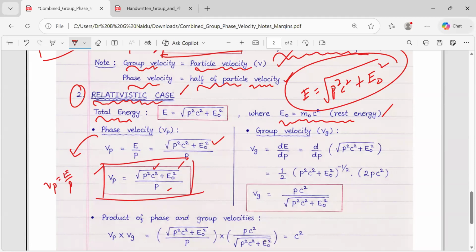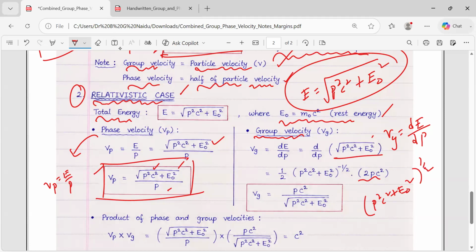Now we can calculate the group velocity. We know the group velocity Vg equals dE by dp. The total energy of a relativistic particle is the square root of p square c square plus E naught square. Now if we differentiate, this can be written as p square c square plus E naught square, whole power of 1 by 2, because of the square root.